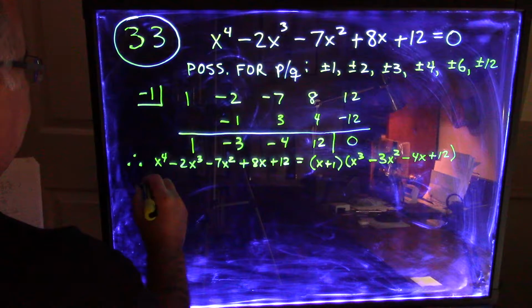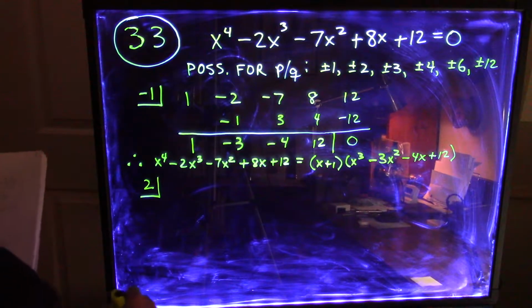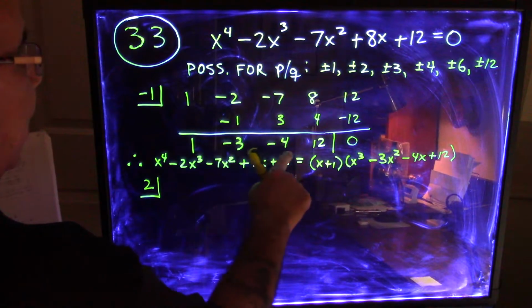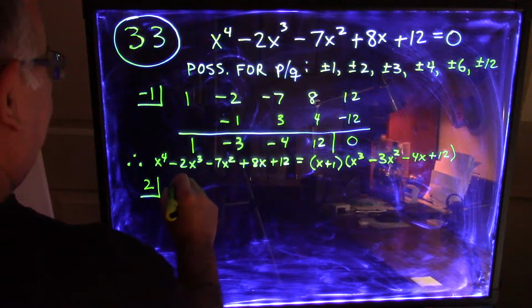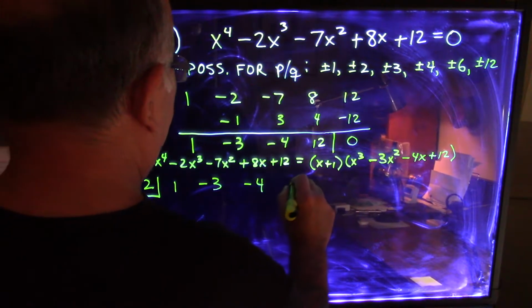2 works. And you use it on this part right here. That's the quotient: 1, negative 3, negative 4, and 12.